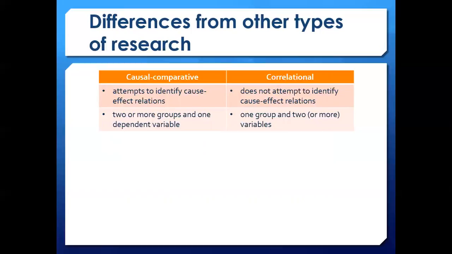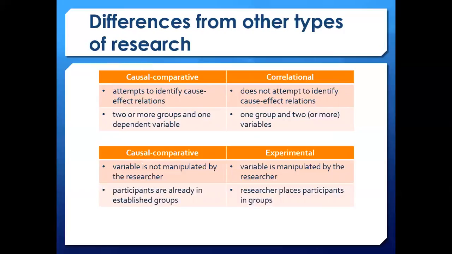It's just going to look at a correlation, whereas causal comparative is going to find the cause. Causal comparative studies also look at two or more groups with one dependent variable. Correlational studies are going to look at one group with two or more variables. Those are just some of the key differences between causal comparative and correlational studies.